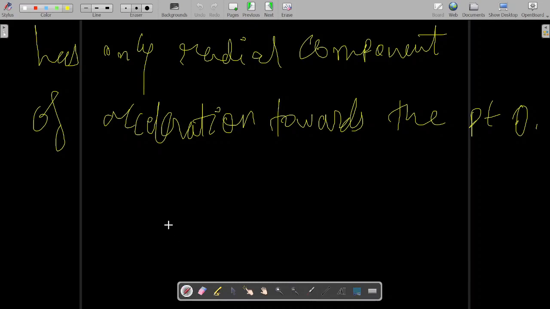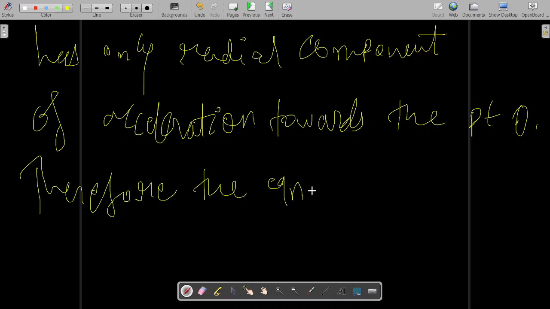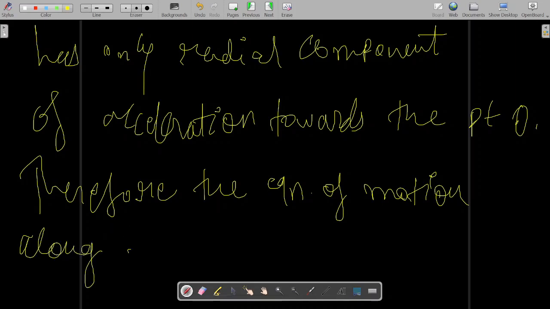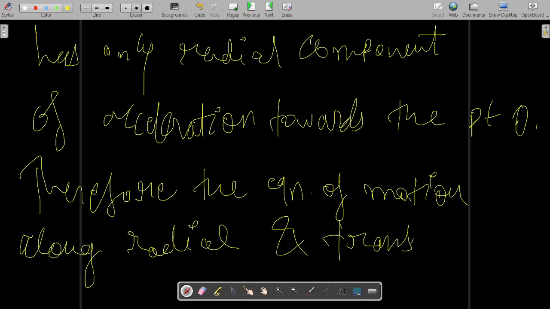Therefore, the equations of motion along radial and transverse direction are given by the formulas which we have already derived.